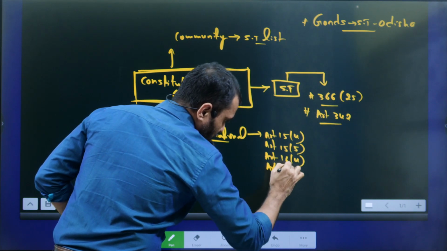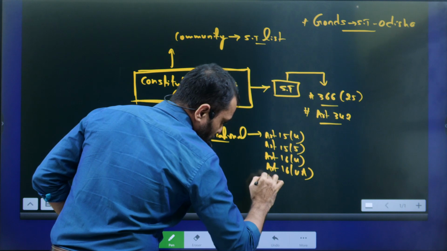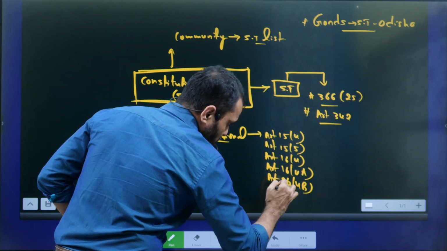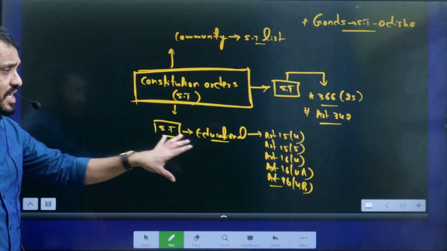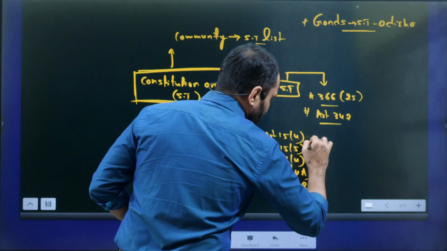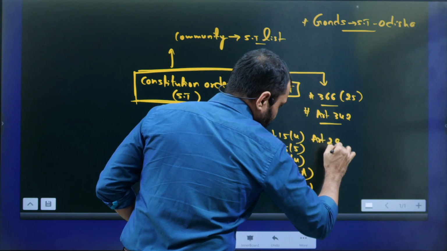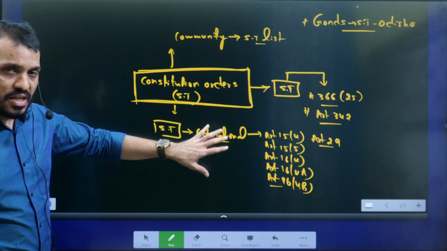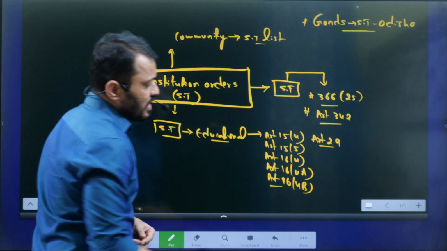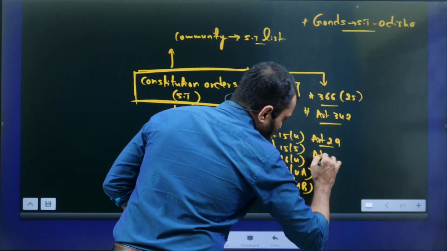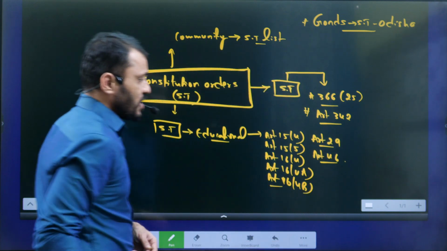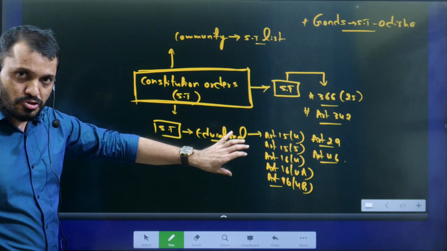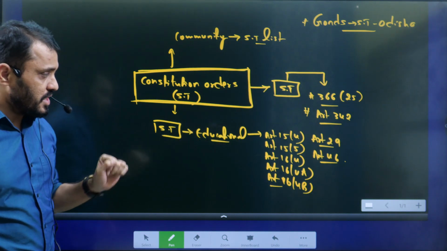Then Article 16 4A promotions. Article 16 4B carry forward jobs. And of course, there are cultural rights such as Article 29. These are some of the educational rights which ST will get. Of course, even Article 46 also speaks about educational and economic interest of the ST. These are certain provisions in the Constitution which give safeguards to ST.